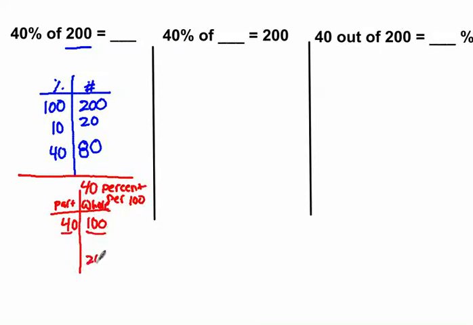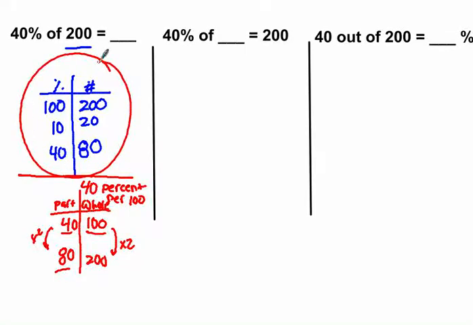So if our whole is 200, all we need to do is just multiply by 2. And 80 would be our part of 200. That's another way to look at these problems. I'm going to focus more on this strategy, but it goes back to versatility and having multiple pathways to try a problem, which is why I introduced that.